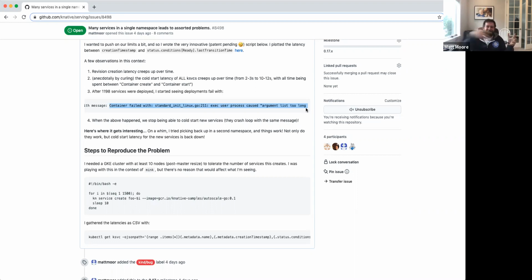Because all of the services that have started since those services were deployed are getting injected into the new pods for the services you cold start. And so when you hit this state, I had something like 1,200 Knative services in my namespace, all of which were useless because you couldn't cold start them, and you couldn't deploy new ones.